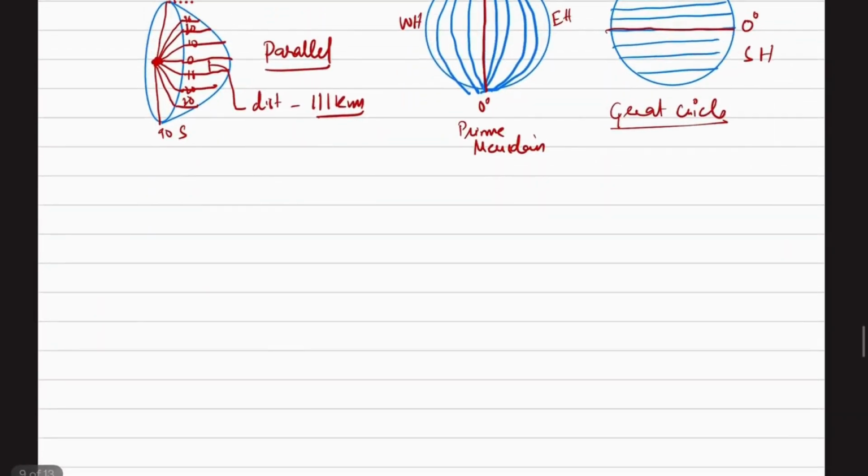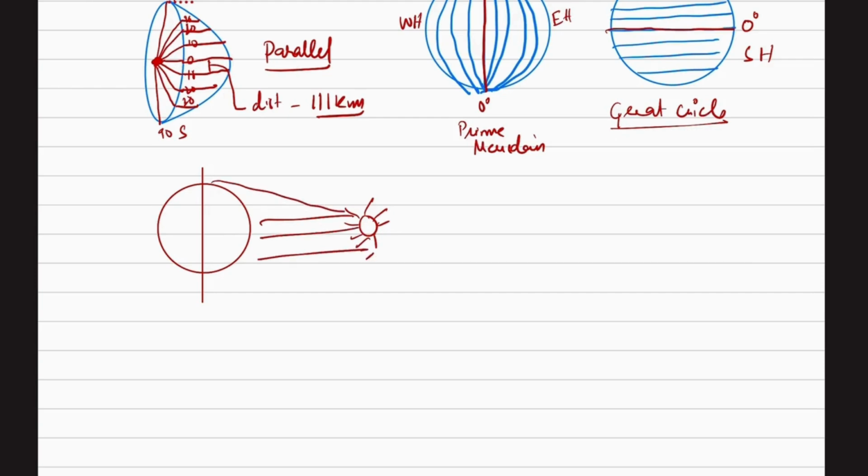अब बात करते हैं एक चीज, जो अर्थ है. अगर सीधा होता अर्थ, तो जो सन है, its rays would have fallen entirely on the earth, and there would be no season.